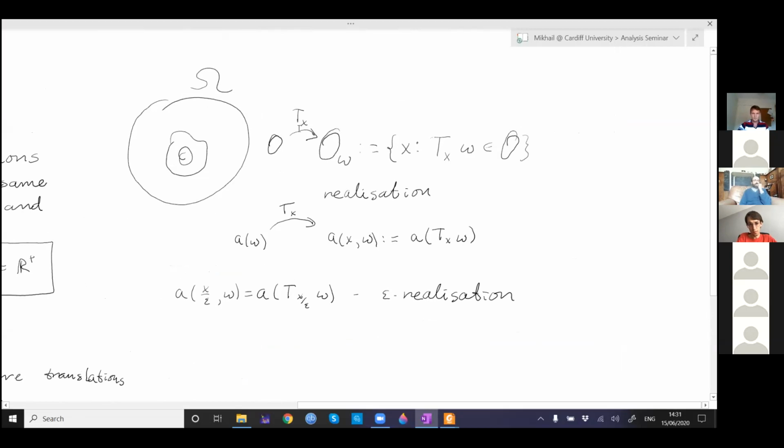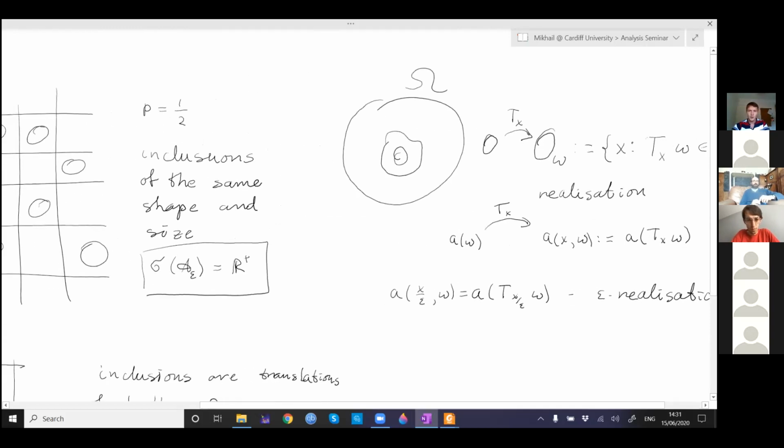We fix omega, just an element of big Omega, and we consider this set in R^n: the set of all x such that, if you apply the dynamical system T_x to omega, it belongs to the set O. Practically, if you look at what happens when you do this, you get this picture here.